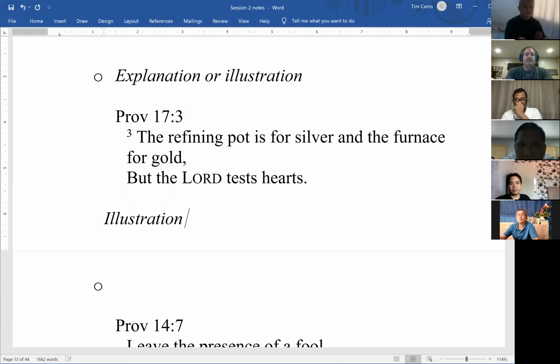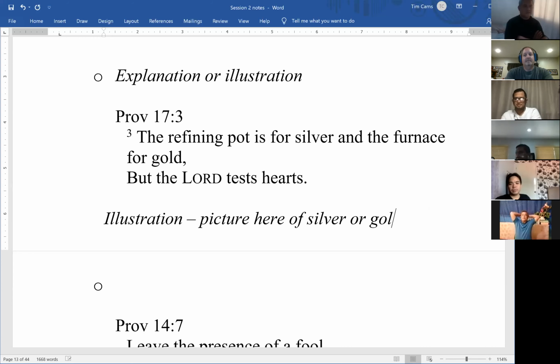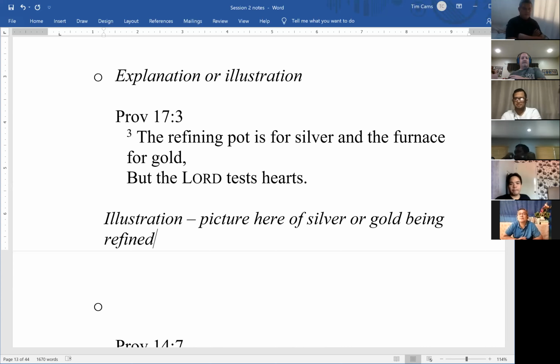Yeah, he has a picture here of refining silver or gold being refined. Okay, and that's kind of an illustration of what God does to the heart. Right? He refines it, and so it actually presents a rich image, doesn't it?